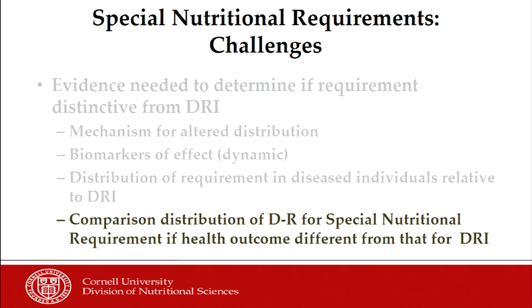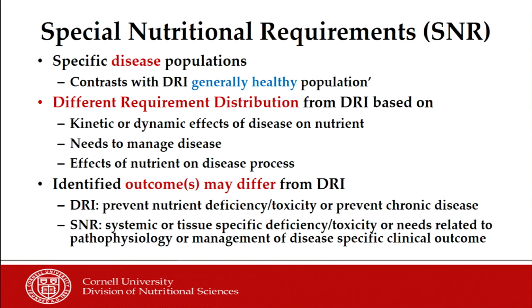With that, I want to just summarize the key points here. Special nutritional requirements are for specific disease populations. They contrast with DRIs that are set for generally healthy populations.